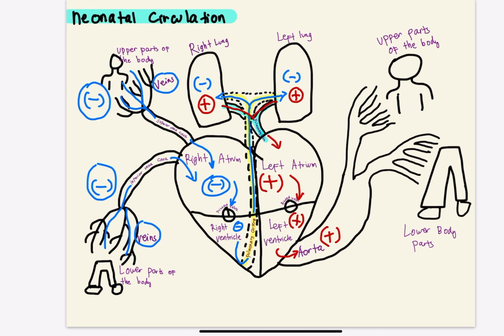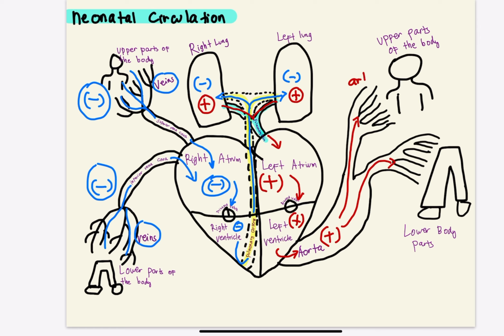So again, depende ulit sa position ng cells or tissues. There is an ascending aorta which will distribute blood to the upper parts of the body, and then there will be the descending aorta which will distribute oxygenated blood to the different parts of the body.